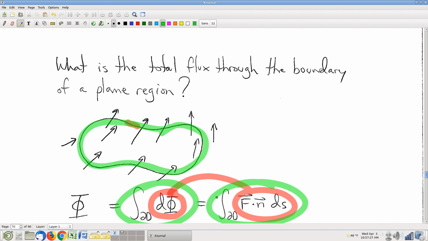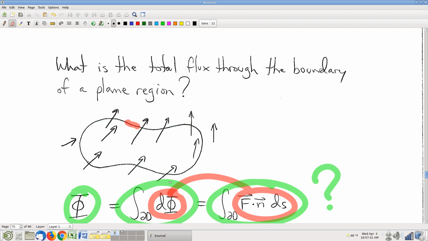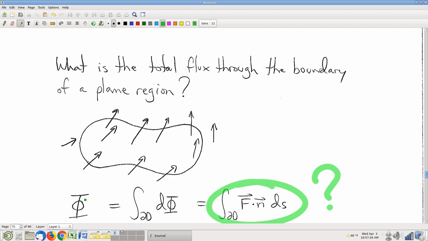The question now is, in order to compute flux, how would I compute this integral, the integral of F dot n ds? It looks vaguely familiar, doesn't it? We've seen the integral over a curve of F dot something ds. Bad news, that something is not what it's supposed to be.